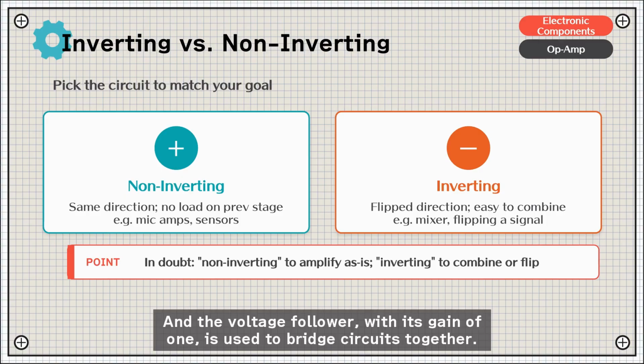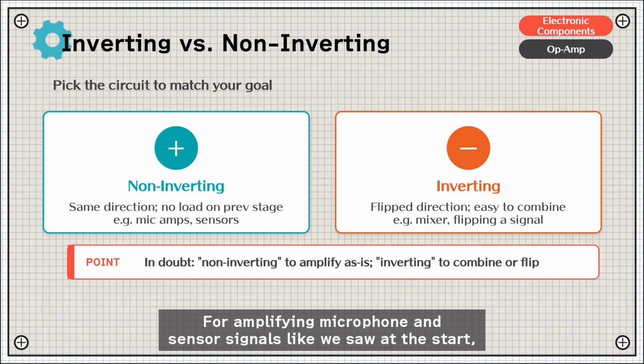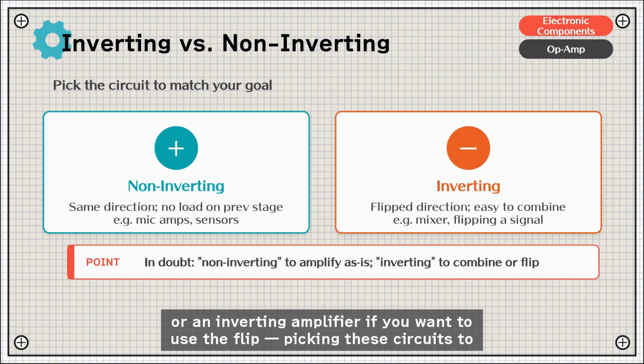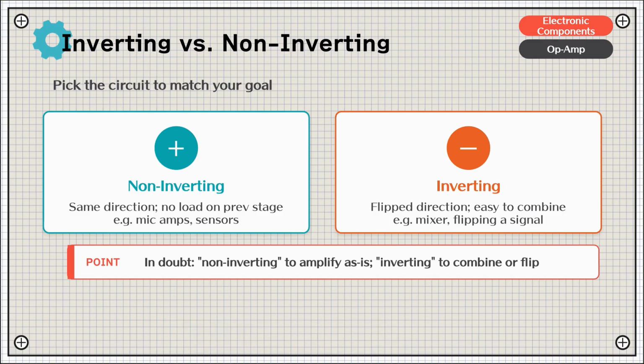And the voltage follower, with its gain of 1, is used to bridge circuits together. For amplifying microphone and sensor signals like we saw at the start, you'd choose a non-inverting amplifier if you want to keep the direction, or an inverting amplifier if you want to use the flip, picking these circuits to match your goal.